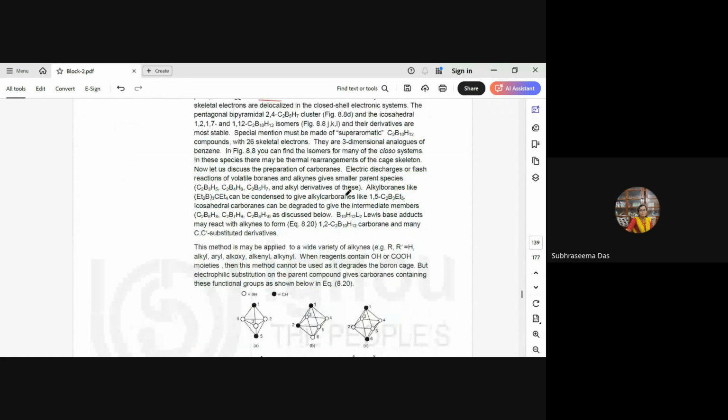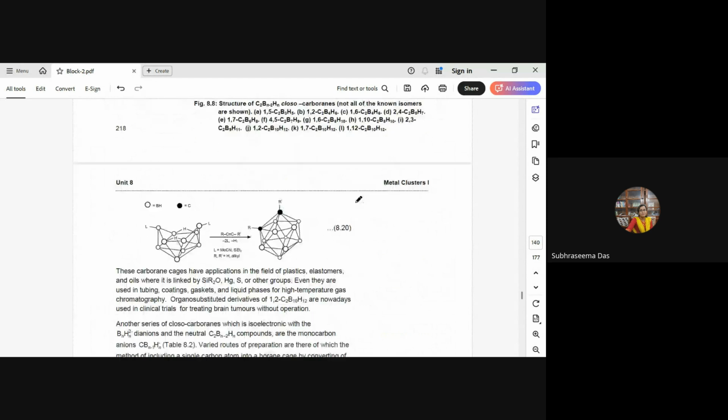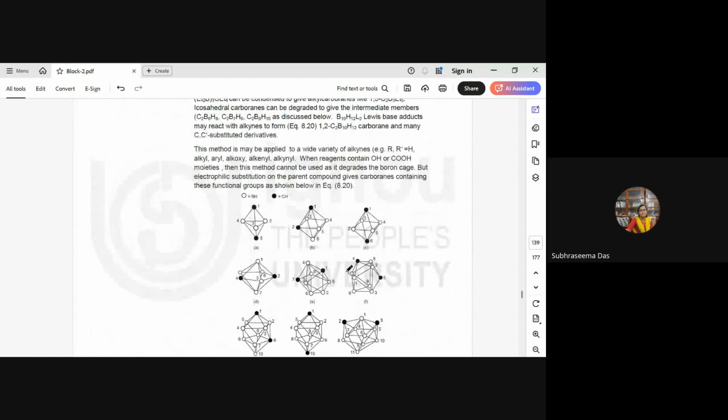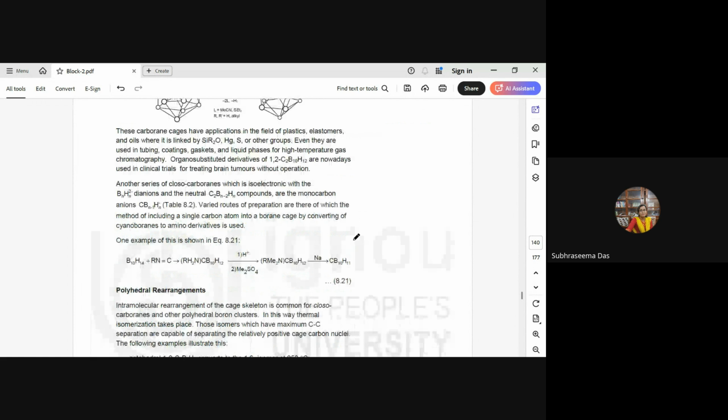This method has also been applied here in figure 8.8, where the structures of some closo carboranes are shown. These are also what we call carborane cages. These carborane cages have applications in the field of plastics, elastomers, and oils, and are also used in tubes, gaskets, and high temperature chromatography.